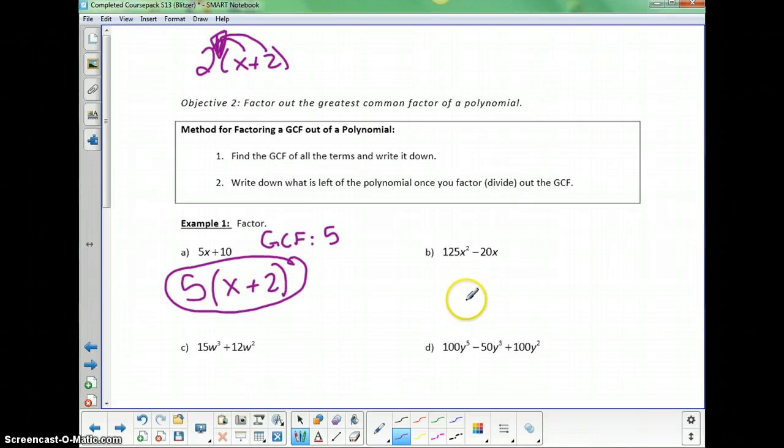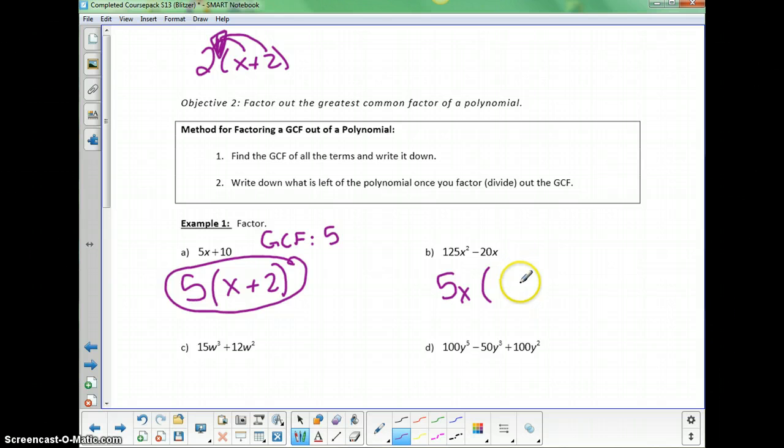Let's look at the next one. 125 and 20. I can divide them both by 5. That's as far as I can go because this is 5 times 4, and 4 is an even number. It's 2 times 2, but this is odd. The 2's won't go in, so I know that 5 is the biggest number. I started my parenthesis a little bit early, though, because they both have an x. So the lowest number of x's they both have is a single x, so it's 5x. That's the GCF.